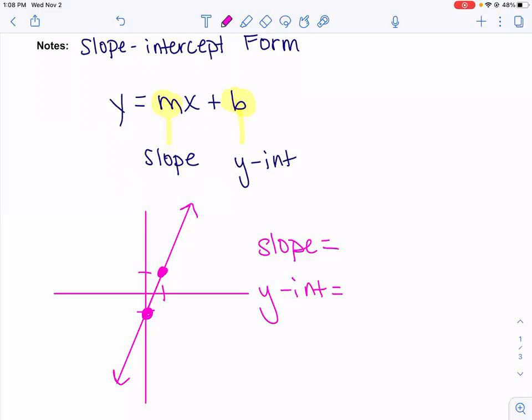Gavin, what is our slope? How'd you get here? So we go up 2, that's all I have to do, just up 2? No, then what?